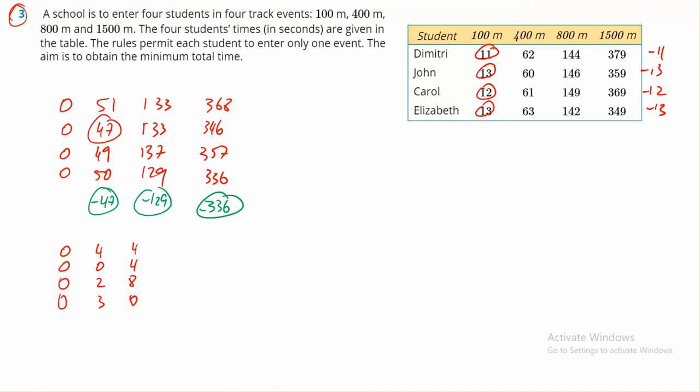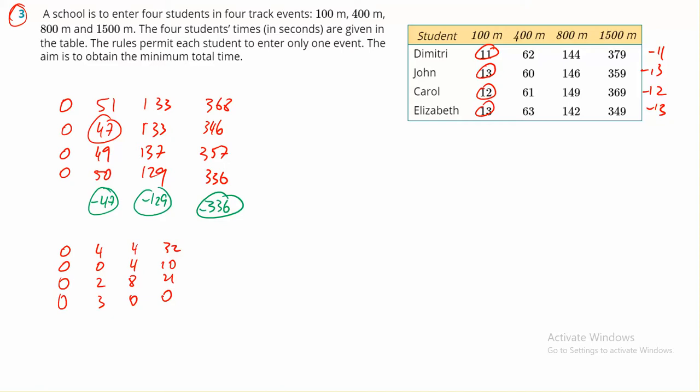Then 336 minus those. 368 minus 336 is 32. 346 minus 336 gives me 10. 357 minus 336 gives me 21. And 336 minus 336 obviously gives me 0.